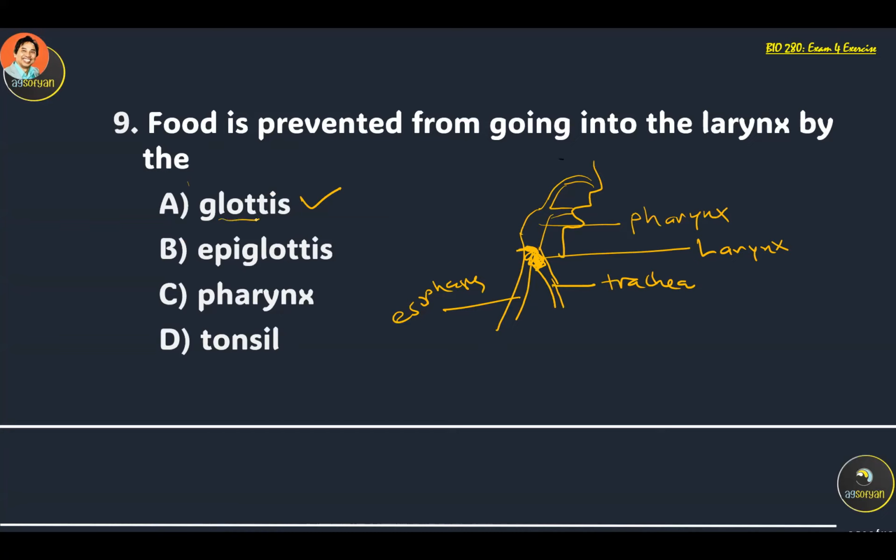It will prevent the food from entering into the trachea. That structure is called the epiglottis. So the answer will be epiglottis, the structure that will prevent the food from going into the larynx and then trachea and finally to the lungs.